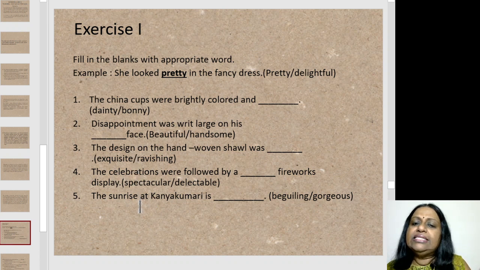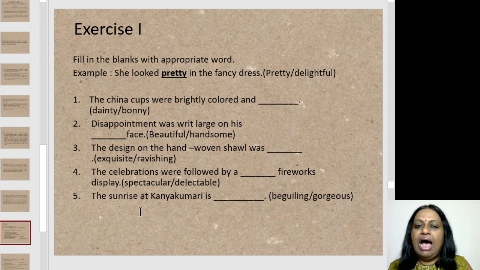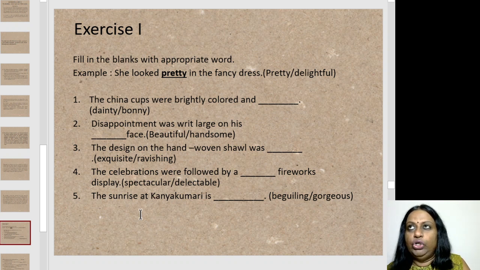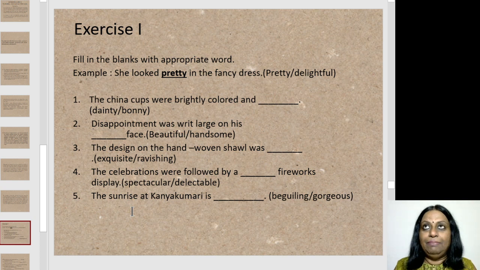Bonny is used for describing a healthy, cute baby, bonny babies. But china cups are a non-living thing, so they are dainty. Bonny you would use with a living thing like a baby, for example.